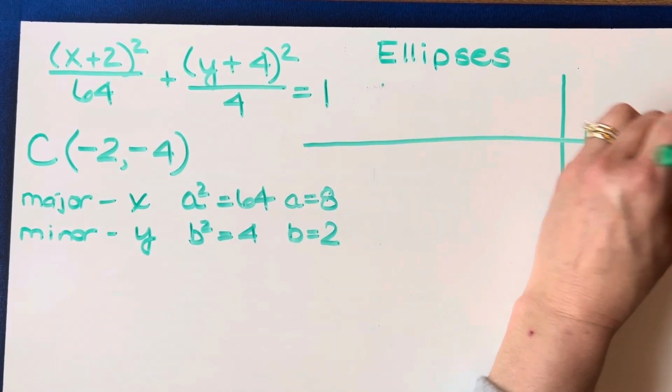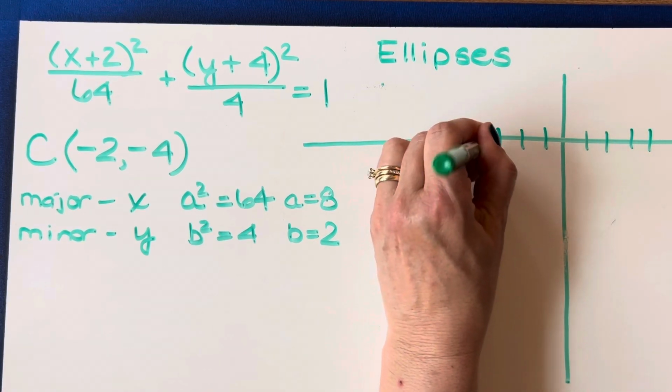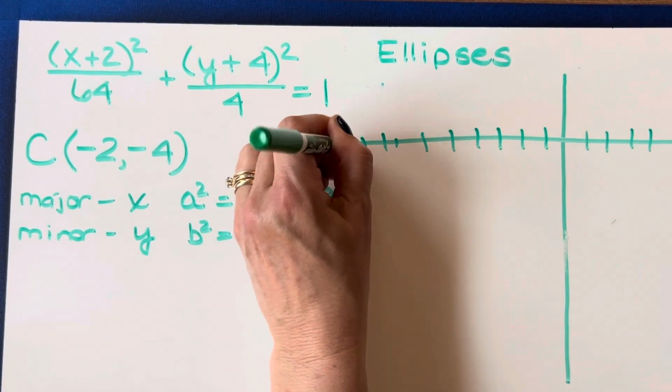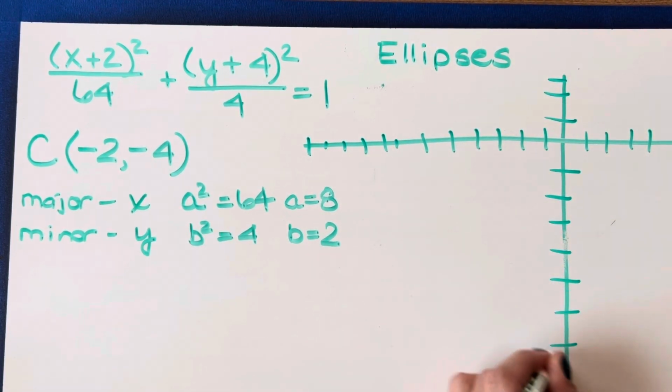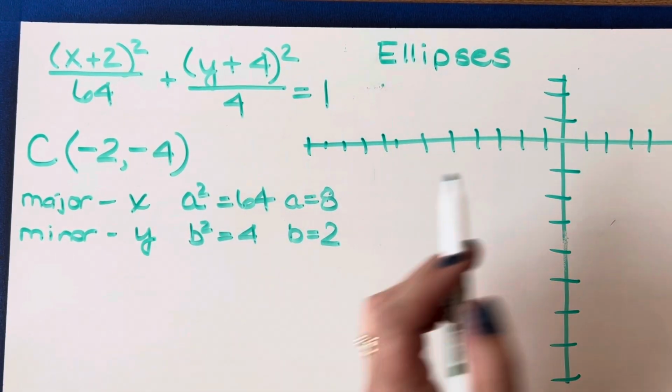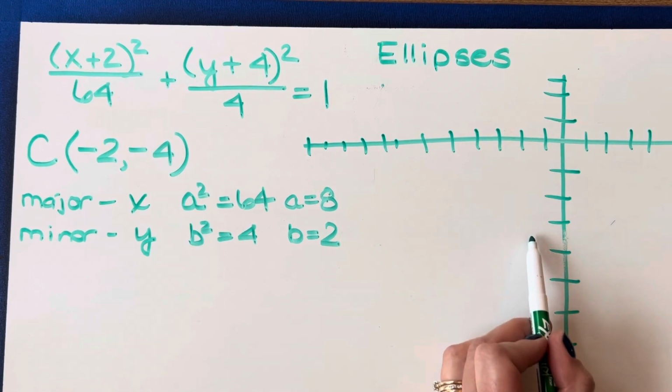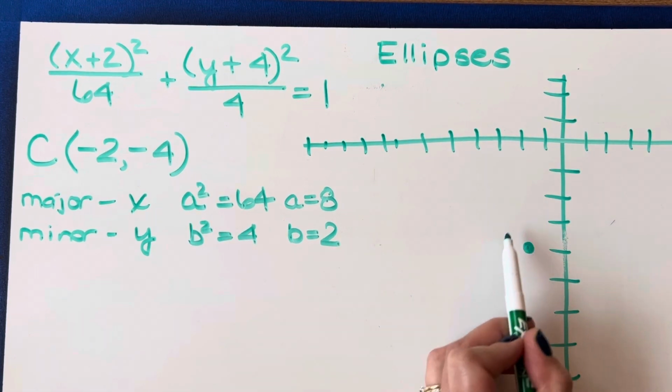If you have graph paper, that's probably a little bit better, but for right now, I'm just going to sketch it. So the first thing I want to do is graph my center. So -2, -4 is right down here.